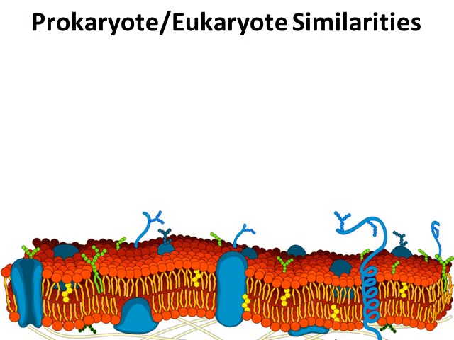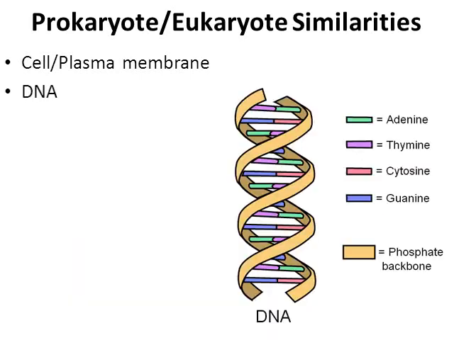Well, what about their similarities? We just went over their differences. Prokaryotes and eukaryotes each have a cell or plasma membrane that allows materials to come in and out. Each has DNA. DNA is the molecule of heredity. It's the molecule that passes genetic information from generation to generation.